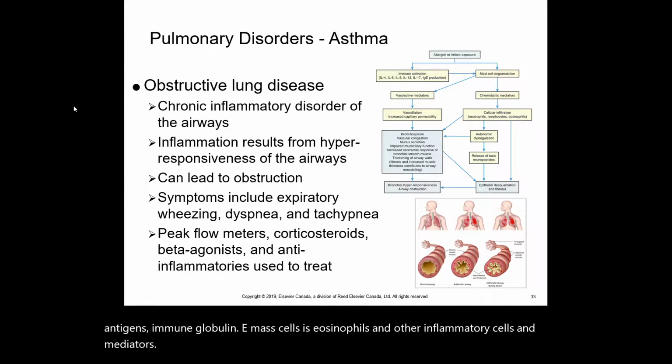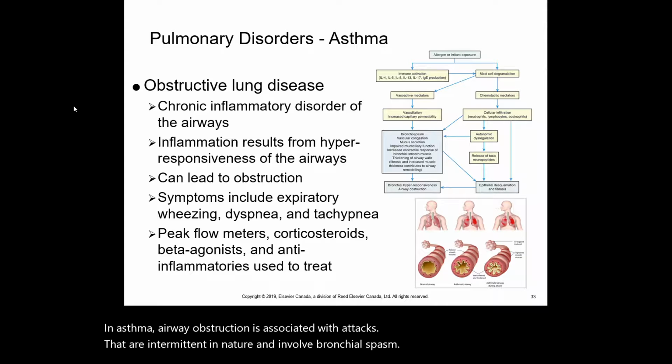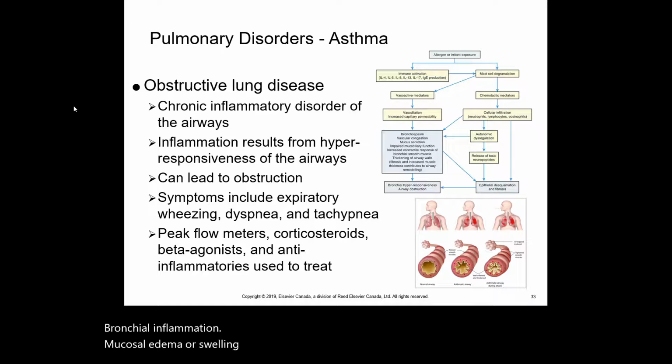In asthma, airway obstruction is associated with attacks that are intermittent in nature and involve bronchial spasm, bronchial inflammation, mucosal edema or swelling, and increased mucus production.